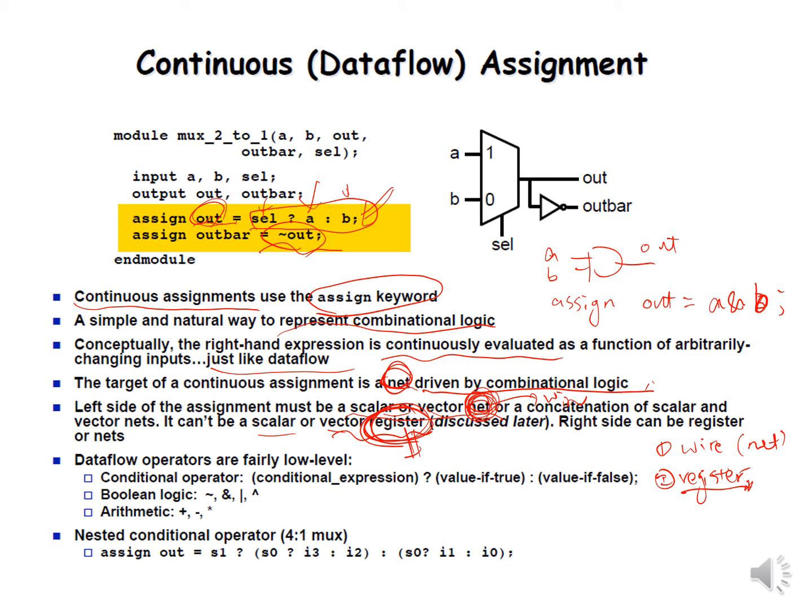This doesn't mean an actual flip-flop. This does not always mean it's a flip-flop. It includes more than that. The register can be implemented as a wire as well. The implementation can be a wire or a flip-flop.